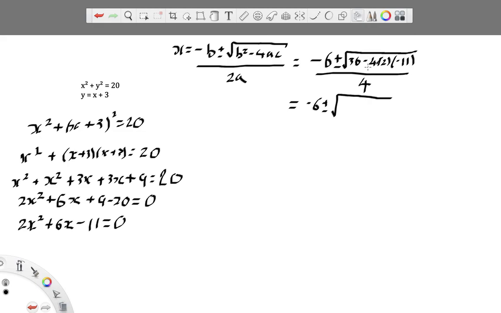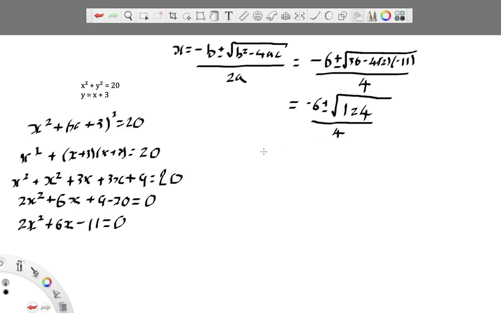It needs to be positive, and obviously it will be positive because we've got two minuses, so they become a plus. So we get the square root of 124 there, and that's all over 4.